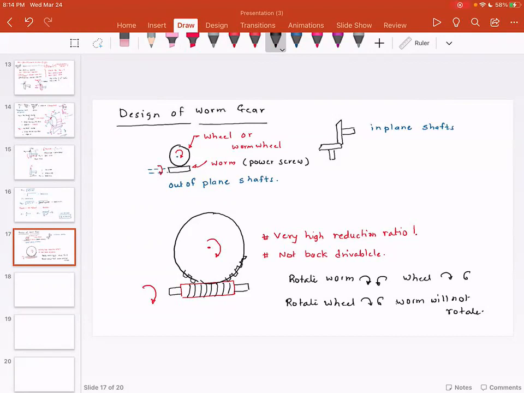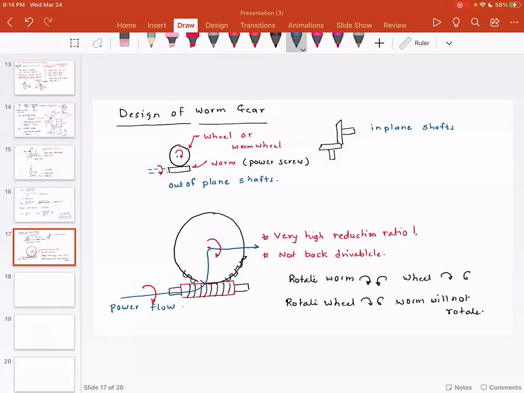So this is just unidirectional power flow. The power can go from here all the way to the output. This is how the power can flow. And this is a very important usage for load carrying equipment.